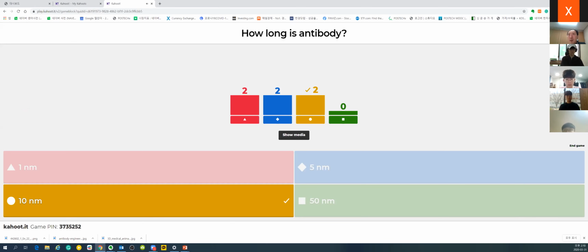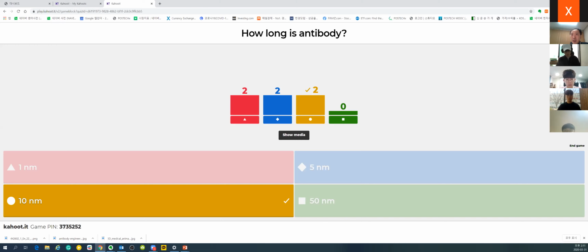Actually, I gave the specific number for the antibody length. Anybody remember the exact length of an antibody? In the table, in last week's lecture, I gave you 8.4 or 8.5 length.